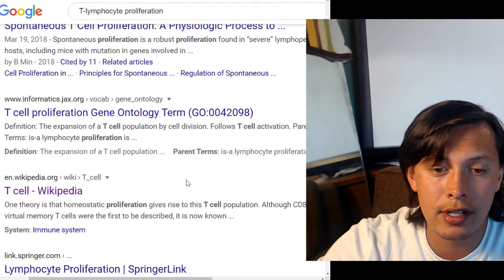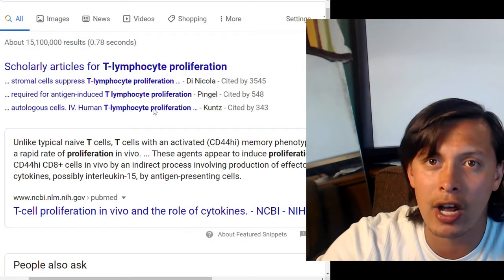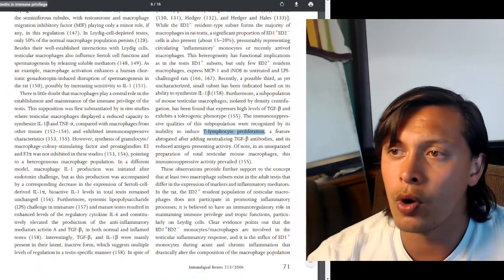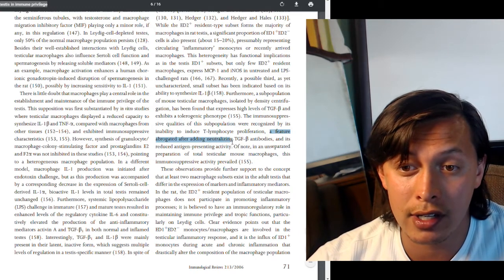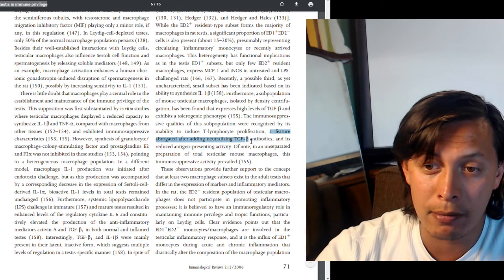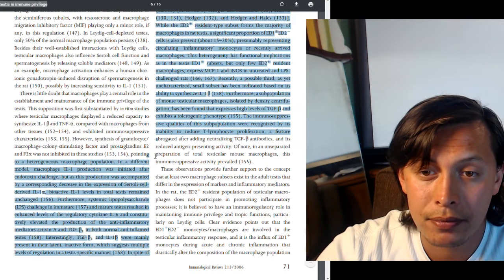I think that's a good enough explanation. So, a feature abrogated after adding neutralizing TGF-beta antibodies, and its reduced antigen presenting activity.